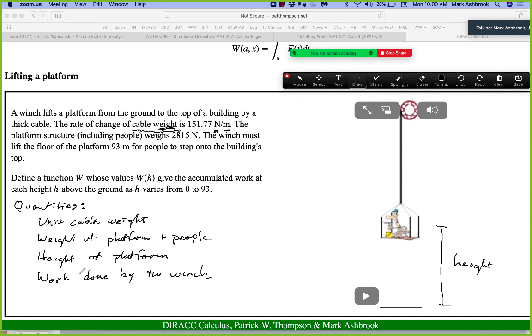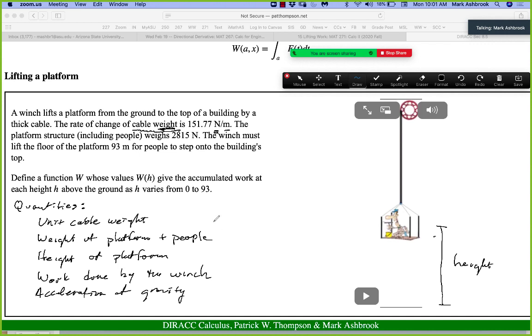Okay, so the acceleration of gravity. Oh, the higher the platform, doesn't that mean the winch has done more work? Okay, that's true. Yep, that's right. But this quantity right here, the value of the height, is that directly helping us figure out the work? Do you need to know the force acting on the platform and the cable?